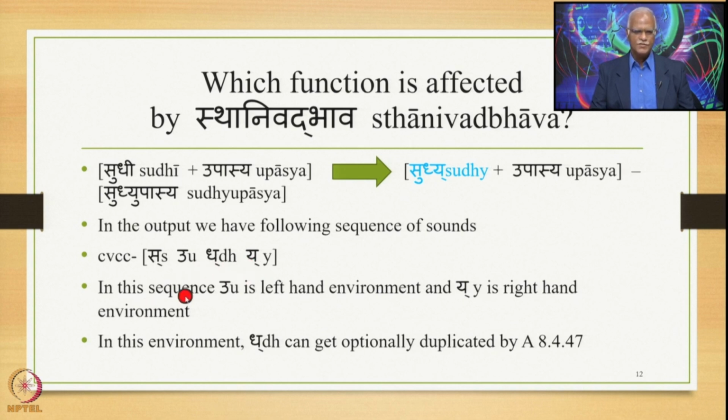In this sequence, U is the left hand side environment and Y is the right hand side environment, and in this environment Dha can get optionally duplicated by 8.4.47.